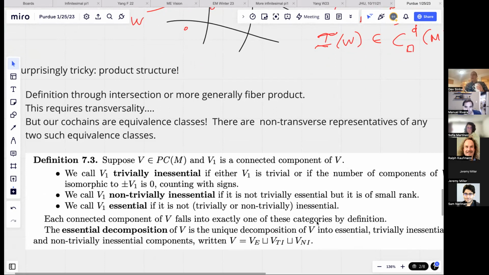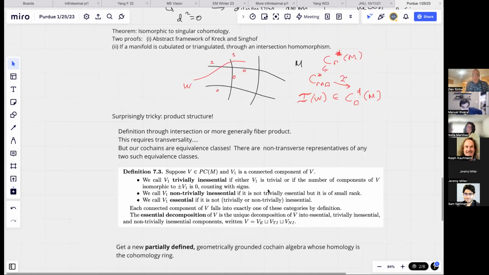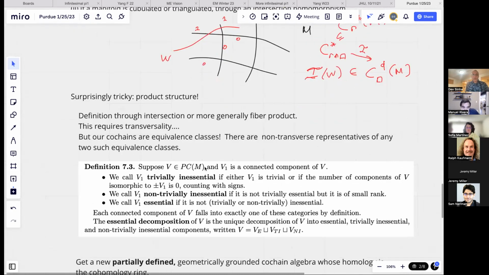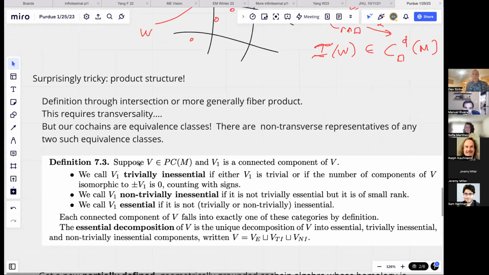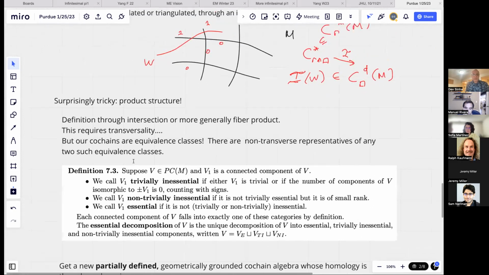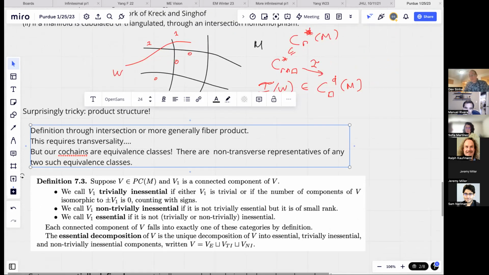This is a pretty picture. And it's why we call it cut product, because it's dual to intersection like this. Oops. But our cochains are equivalence classes. They're non-transverse representatives of any two such, and there are many possible transverse intersections.